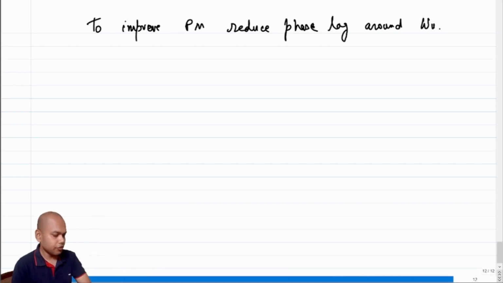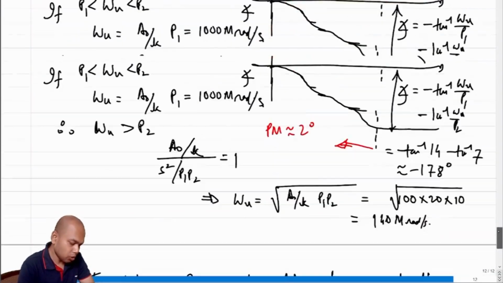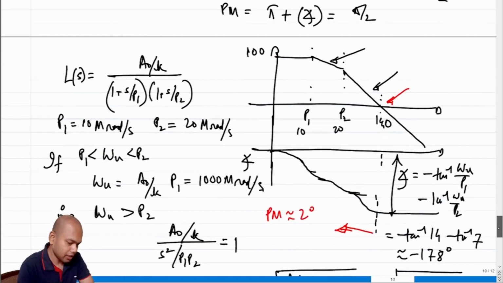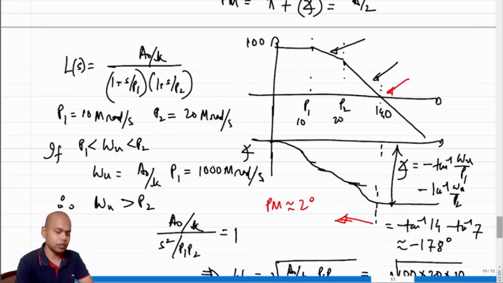So how do I reduce phase lag? So what is the source of phase lag? Source of phase lag is a pole, correct? I mean, at least since we have not taken zeros into account, the source of phase lag is a pole, which means that if I am closer to a pole, I will have more phase lag, correct? So I have to ensure that we are away from a pole.